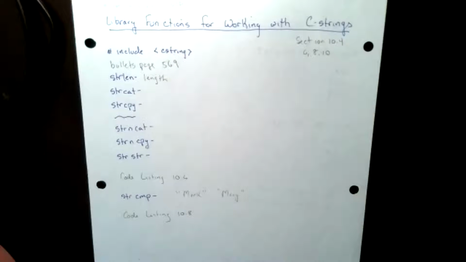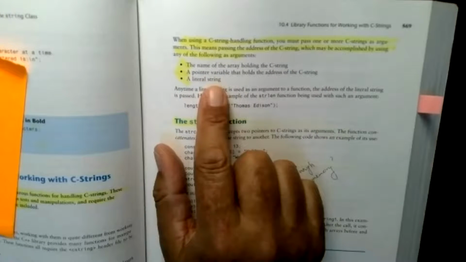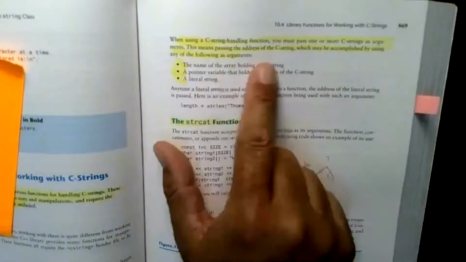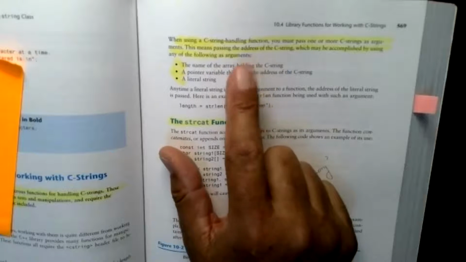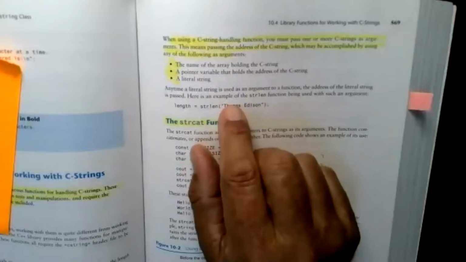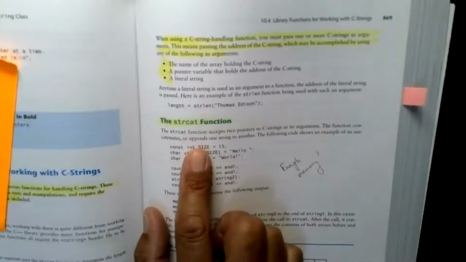My first note is, hopefully when you went through the book, you saw all of the bullets. And whenever this author does bullets, I like them. On page 569, when we start working with C strings and functions to go with them, you must pass one or more C strings as arguments, okay? So I'm going to start now talking about some of these functions in a second.